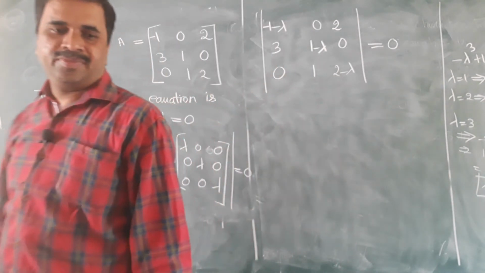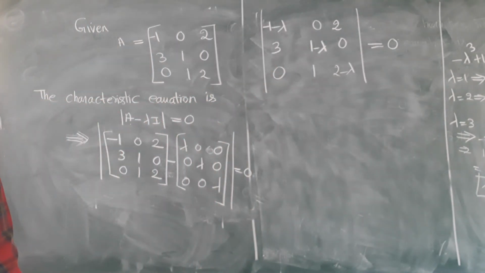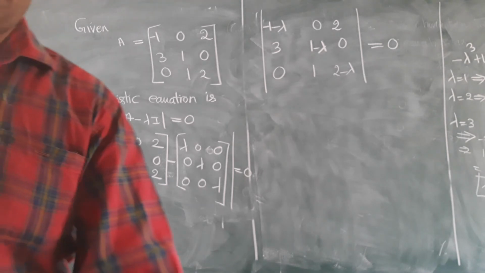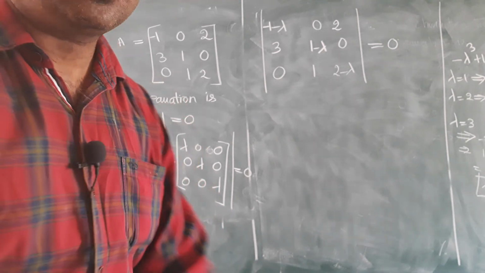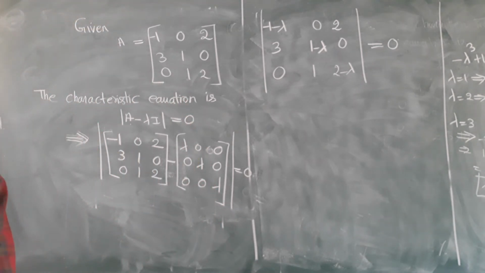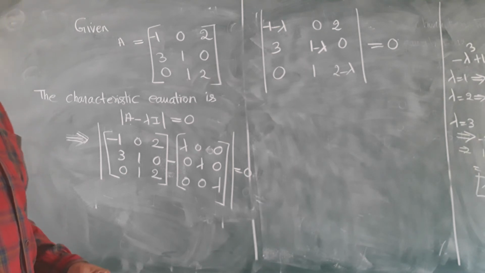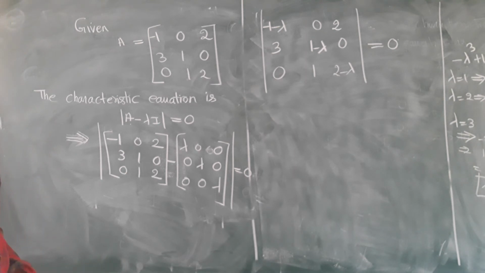Let's copy it: -1 minus lambda, 0, 2; 3, 1 minus lambda, 0; 0, 1, 2 minus lambda.